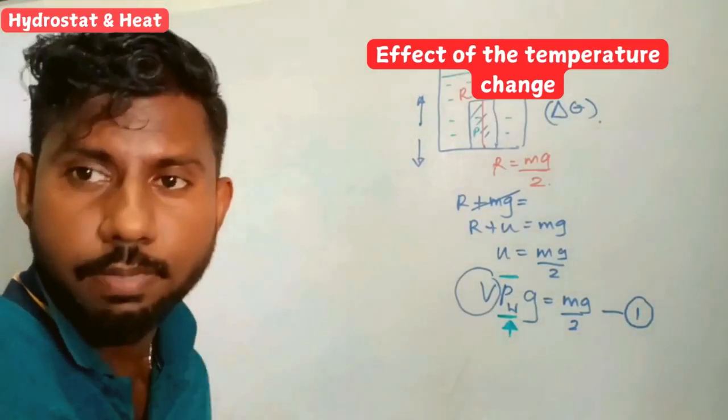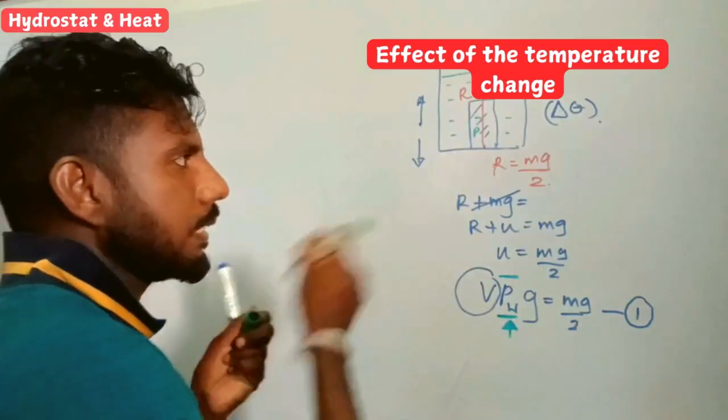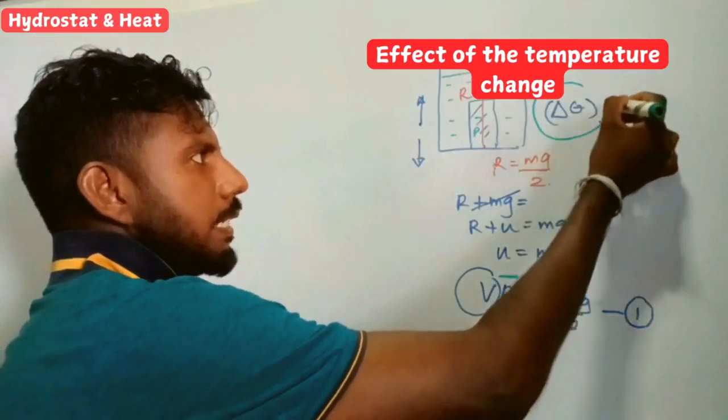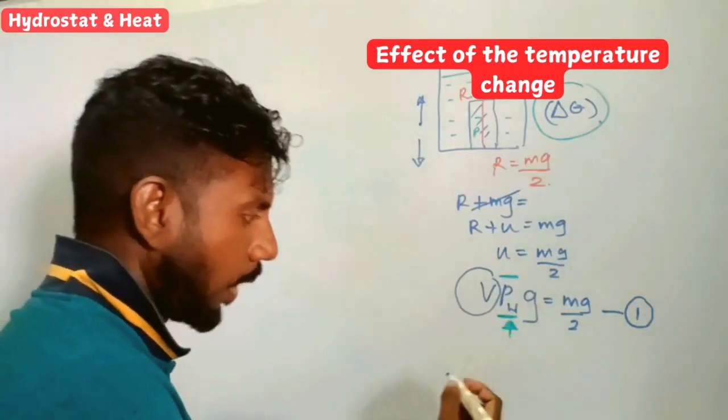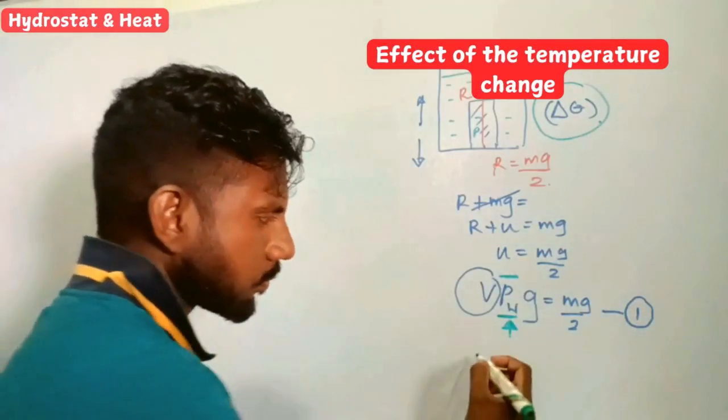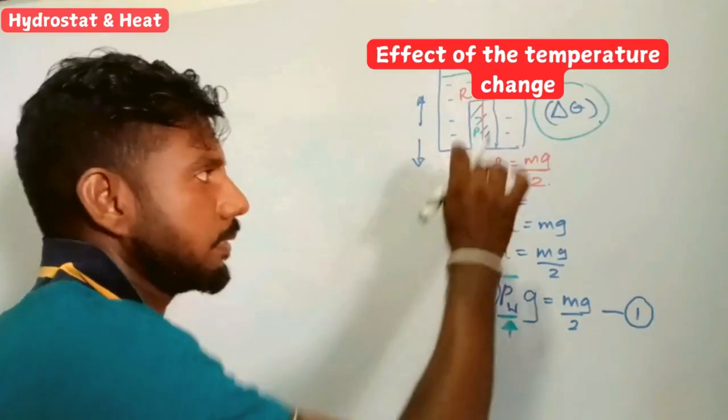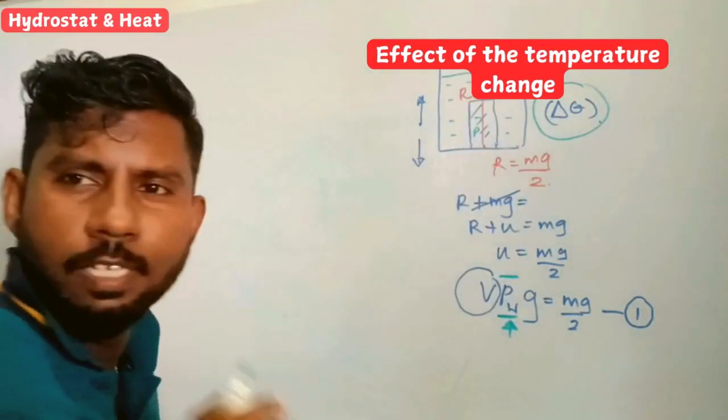So moving into the second part now, let's increase the temperature by delta theta. That is the increment. The volume of this block will increase.